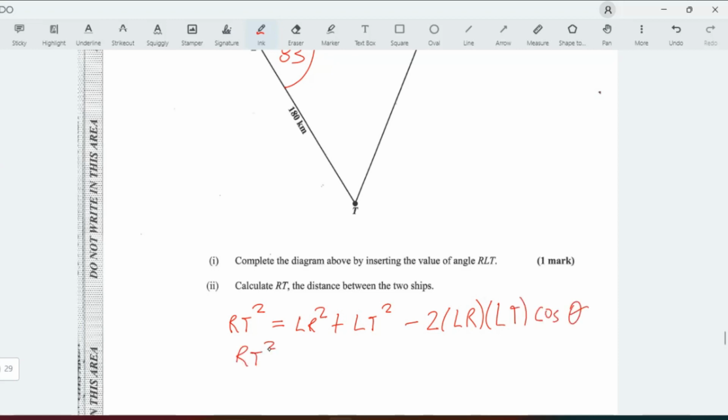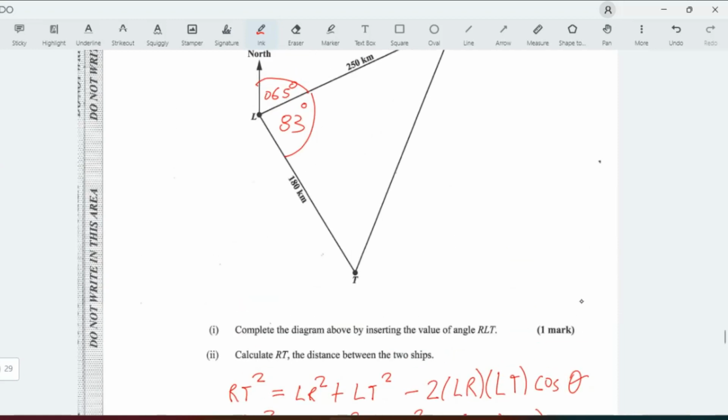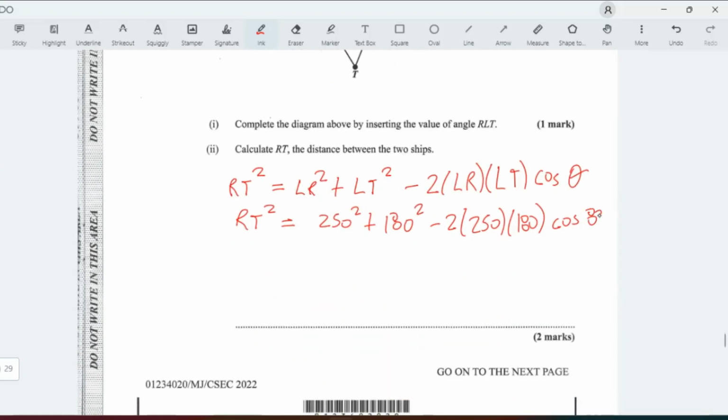So RT squared is equal to 250 squared plus 180 squared minus 2 times 250 times 180 times the cos of 83 degrees. Punch that in your calculator.